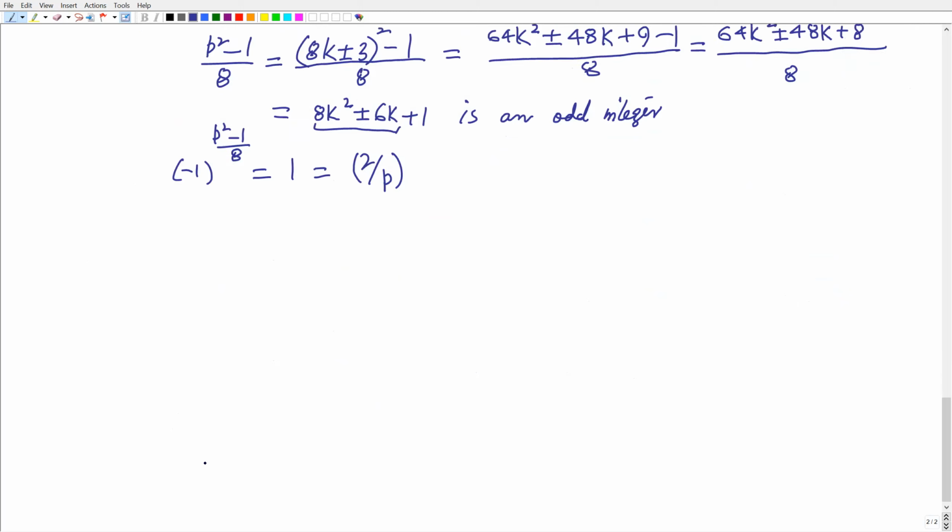So for example, the Legendre symbol of 2 over 43. So this Legendre symbol is equal to, okay, let me use a smaller number. 43 is quite big. Let me use 7.